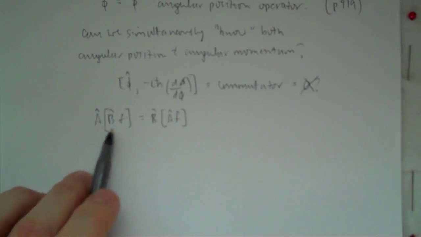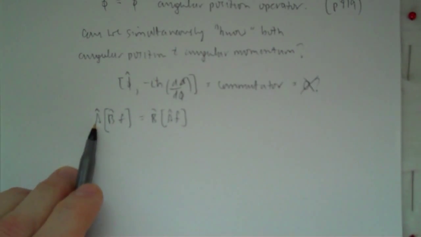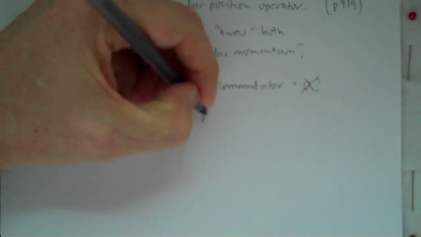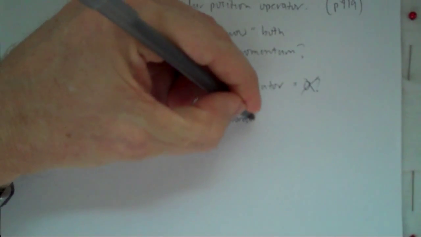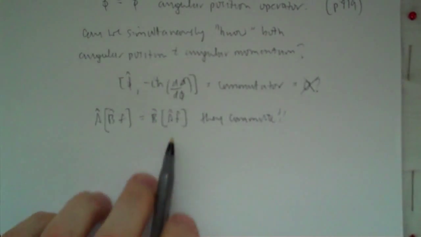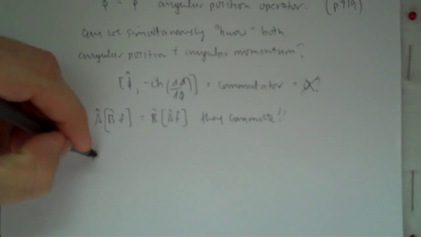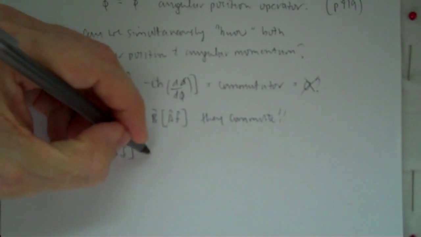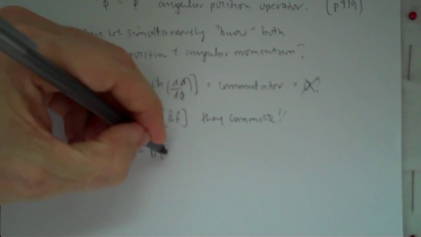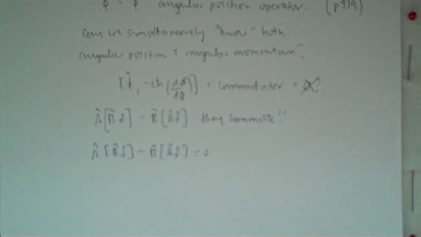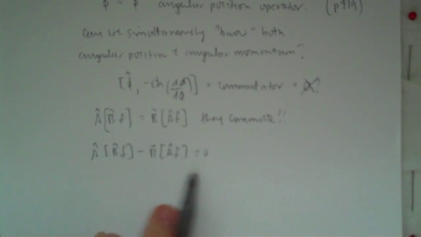And that makes sense, right? You can see the commuting, like this one is commuting outside of the bracket, this one is commuting inside it. So this is the same thing as saying that (A B minus B A) hat of f is equal to 0, right? That's the same thing as saying that.